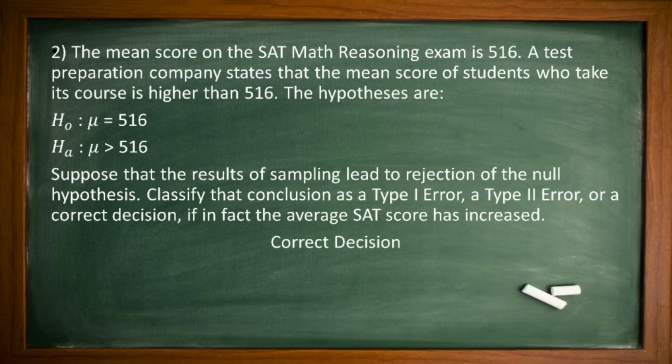Okay, so the hypotheses are, meron tayo dyan, null hypothesis: our population mean is equal to 516. So, yan po yung ating null hypothesis. Okay, next, we have the alternative hypothesis. So, ayan po, meron tayo dyan, greater than 516.